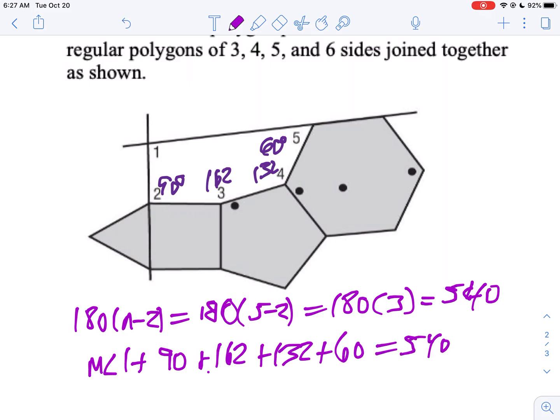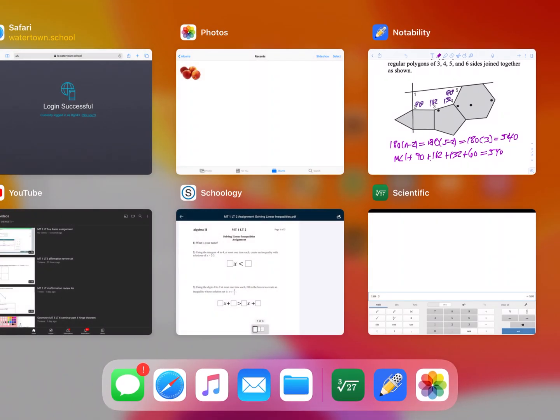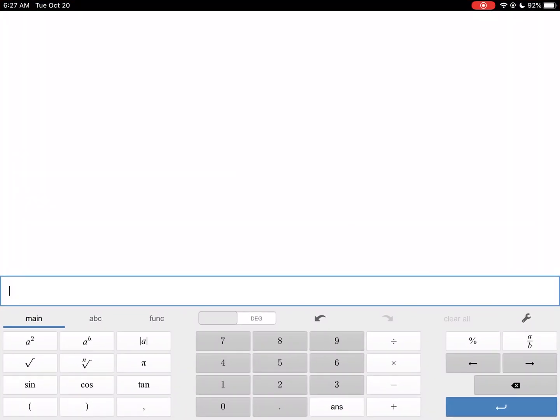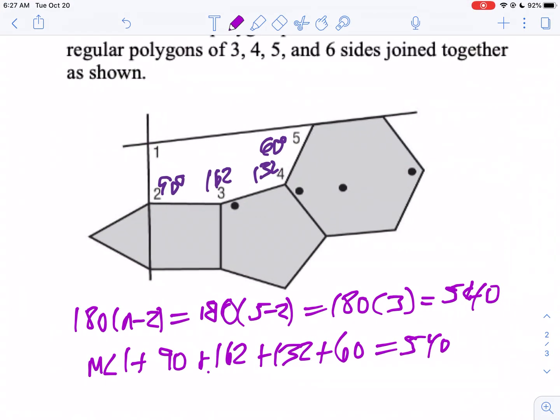Well, let's add up our angles. So we're going to say 90 plus 60 plus 162 plus 132. Well, that gives us 444 degrees. So the measure of angle 1 plus 444, well, that's going to be 540.